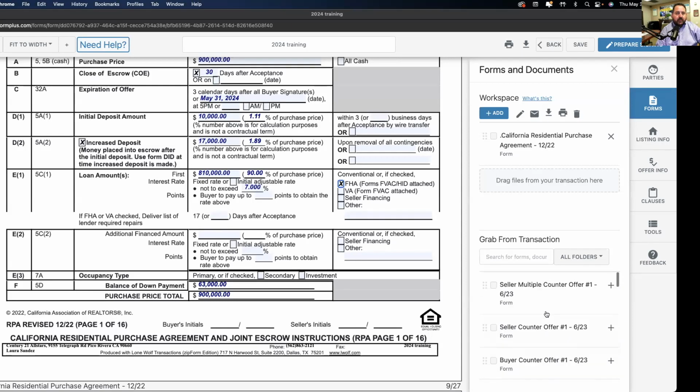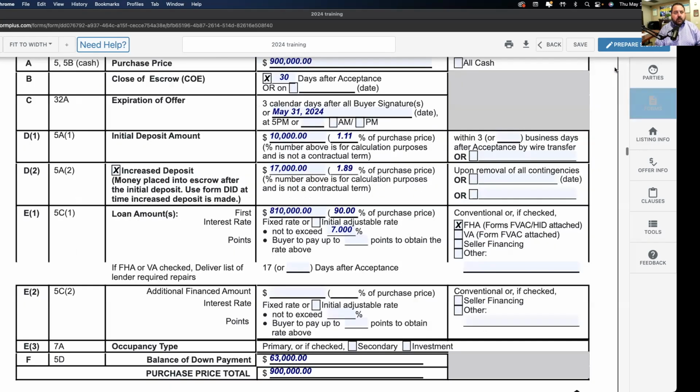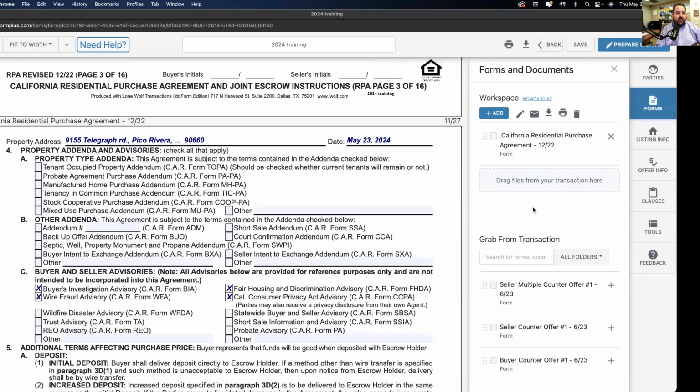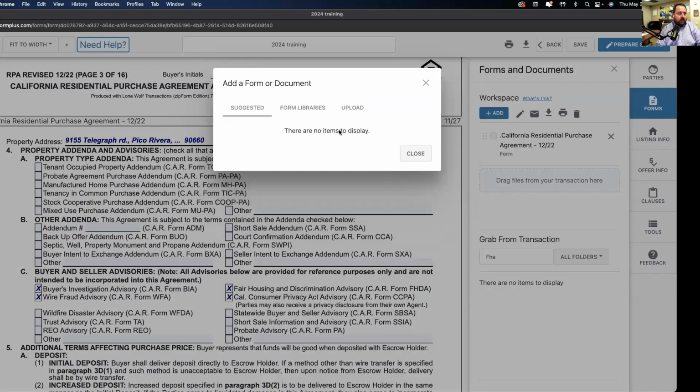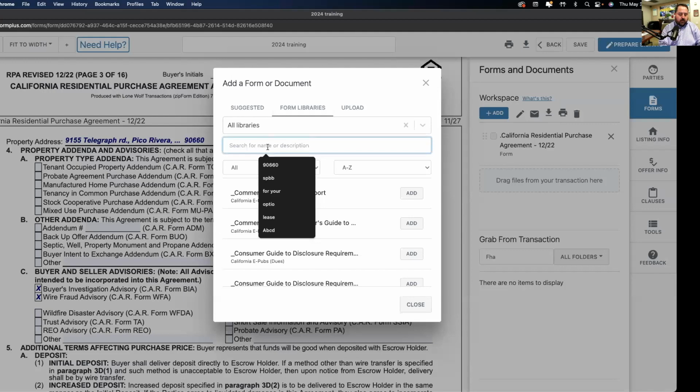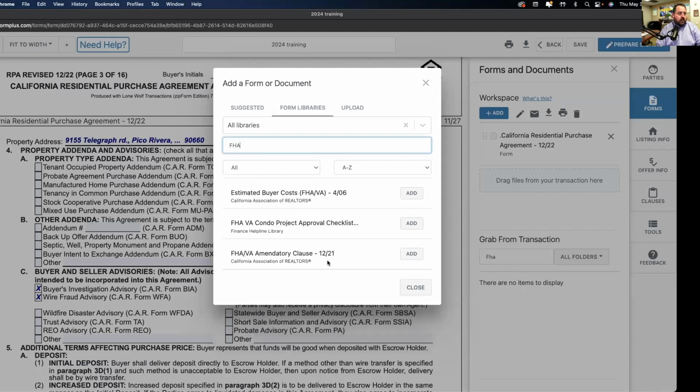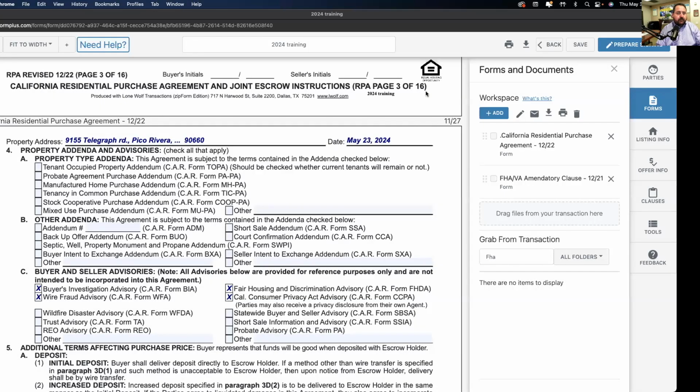They should have been added when I clicked that, but it doesn't look like it moved over. But those forms should be added to your transaction for you to fill out, okay? You know what, as a matter of fact, let me bring up the FHA VA. FHA, it's not in there, so let's add it from here. And we're going to add that just so that we could look at it.